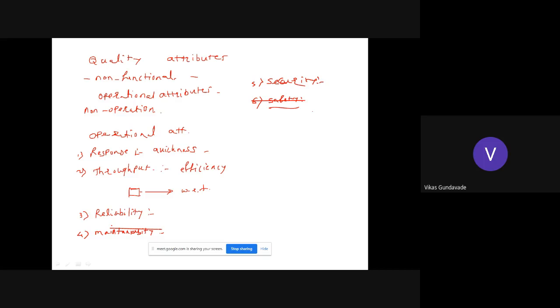That means only that much damage can happen, and the system should provide safety up to that acceptable damage.